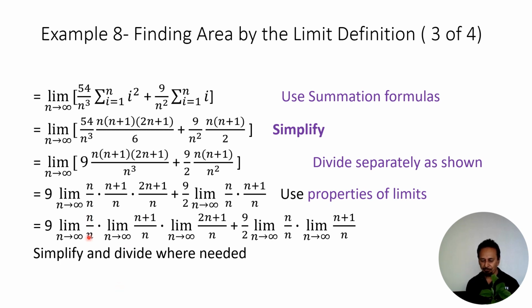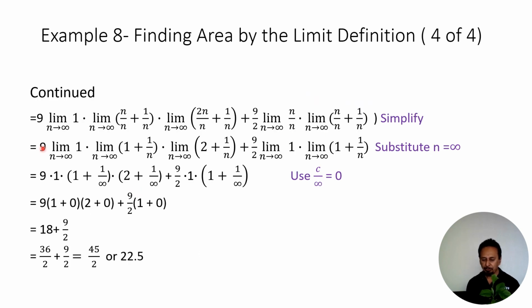Now we're going to divide and simplify. So we get 9, limit of 1, times limit of (n over n plus 1 over n), times limit of (2n over n plus 1 over n), plus 9 over 2, limit of n over n, times limit of (n over n plus 1 over n).